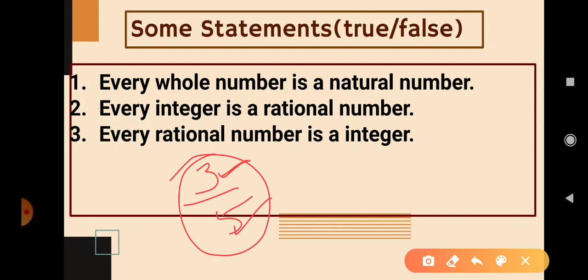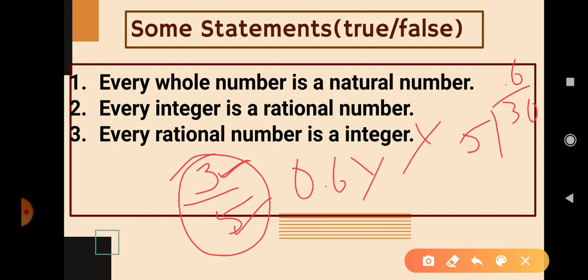Clear? If we divide 3 by 5, we get 0.6, and 0.6 is not an integer. So this statement is wrong. Every integer is a rational number, but every rational number is not an integer.